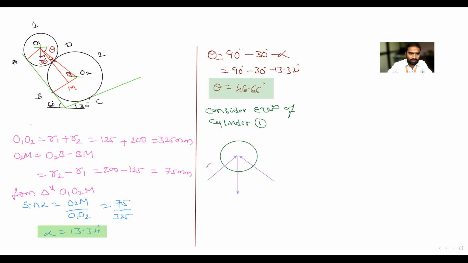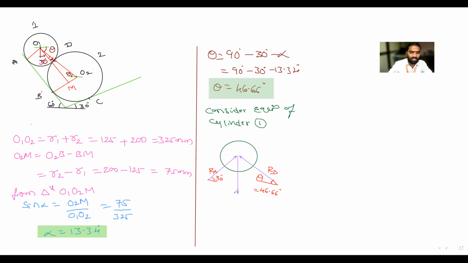RA is making how much angle? 30 degrees, since the plane angle is 60. Then RD. RD's angle is equal to your theta value. Theta is equal to 46.66 degrees.